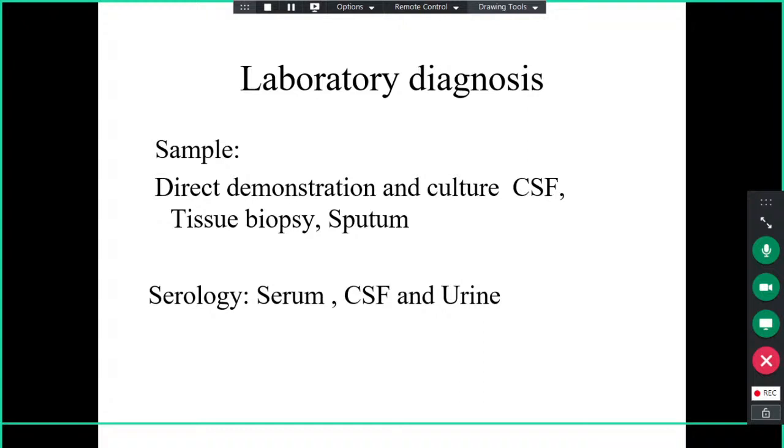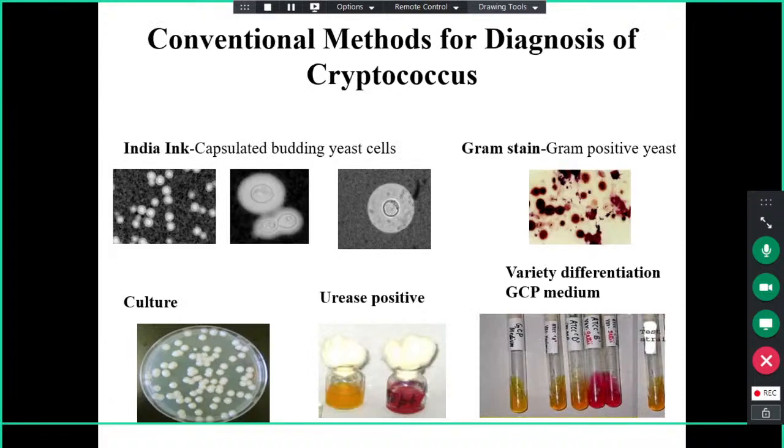Or we can detect the antigen from serum, CSF and urine samples. For the conventional method, you do the India ink, or the gram stain, where you get budding cells, round, very big cells, but you can get confused. So India ink is the best.